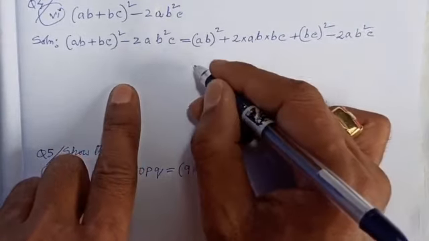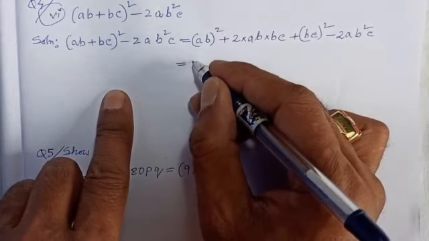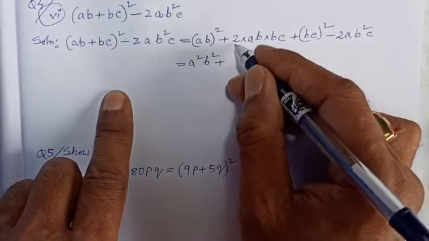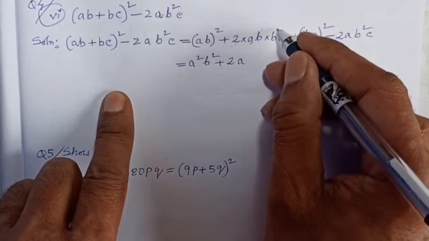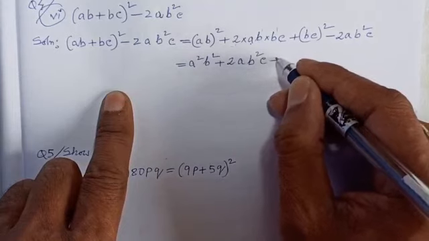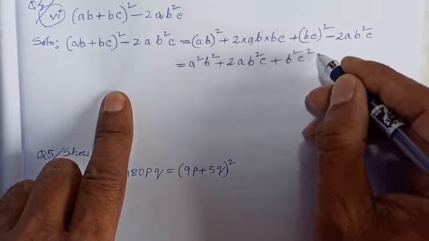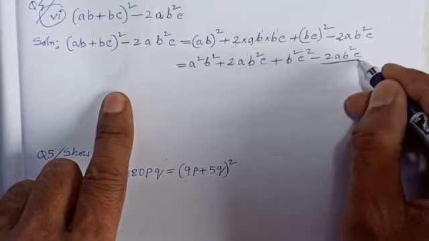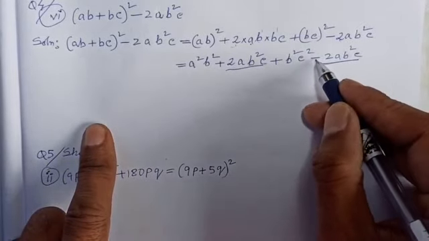Now next steps. If we leave this bracket, then we can write A square B square plus, let's multiply this 2 first. Next is A, B into B is here power 1, here power 1, 1 plus 1 is 2, so B power 2, after that C. Plus sign, leave the bracket, B square, then C square minus this, twice A B square C. You see these are the same, 2AB square C, 2AB square C, but this is minus, this is plus.